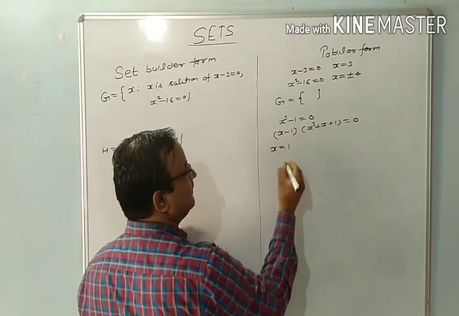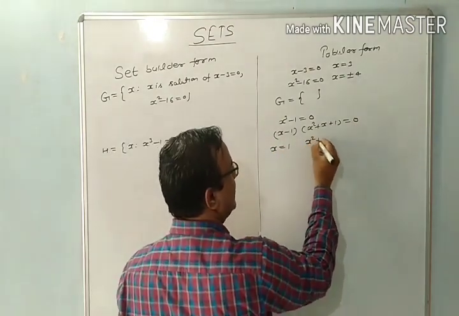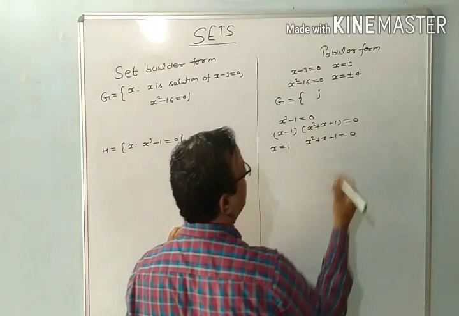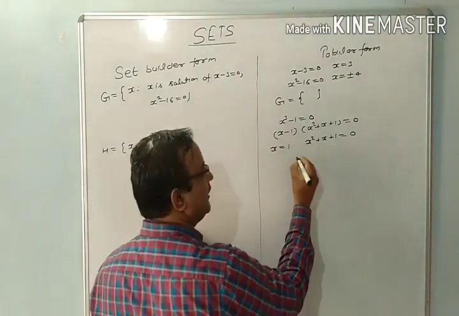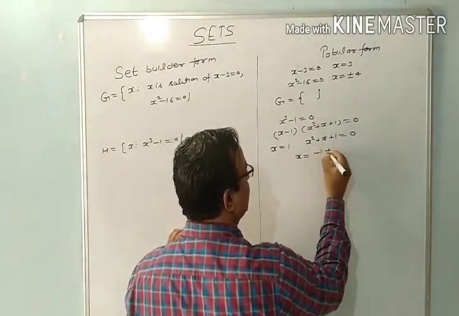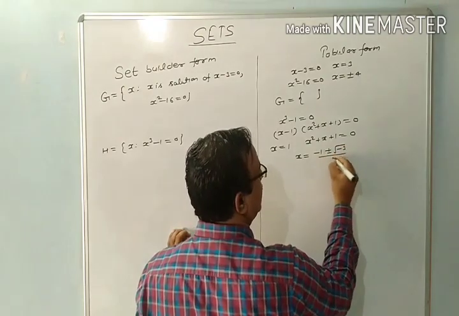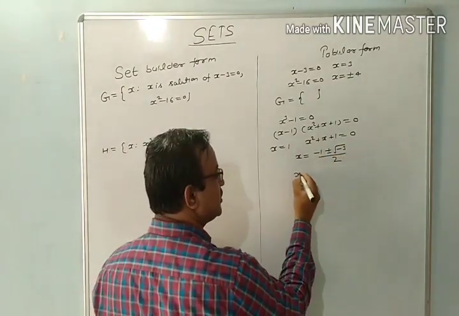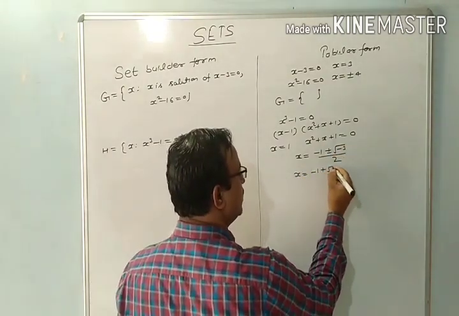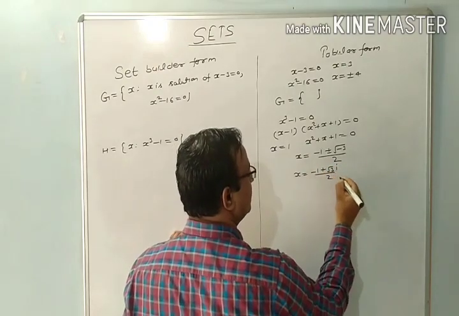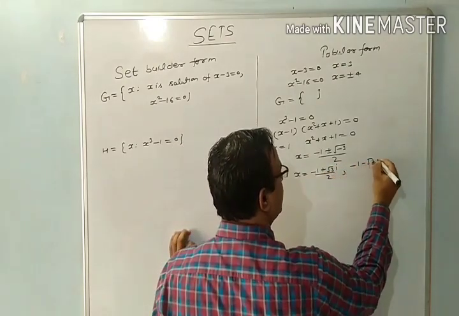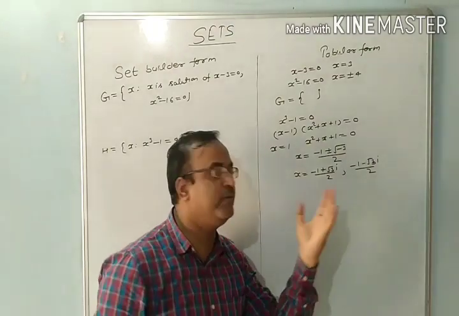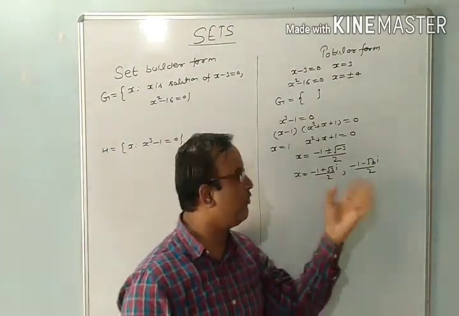Now x is equal to 1. And when x square plus x plus 1 is equal to 0, we will apply the quadratic formula. So x is equal to minus 1 plus minus root minus 3 by 2. So we write x is equal to minus 1 plus root 3i by 2 and minus 1 minus root 3i by 2. So there are 2 values of x which are not real.